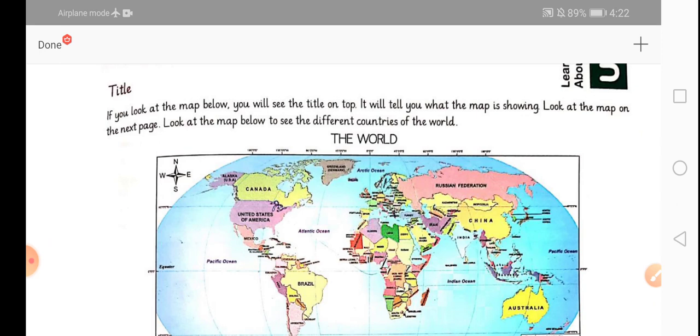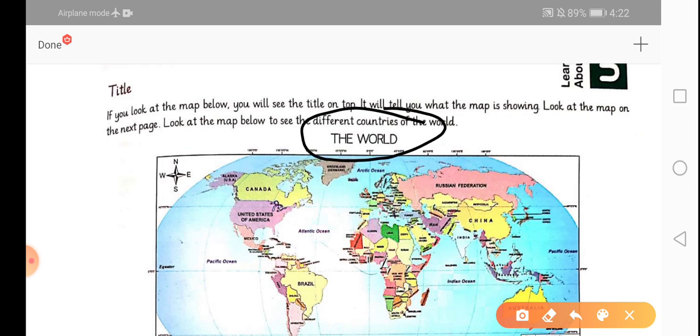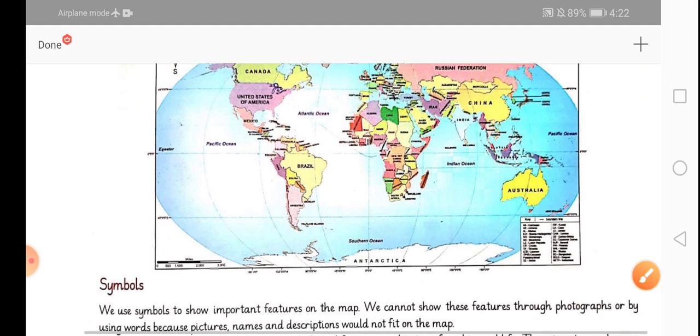For example, if you look at the map at this page, you will see the title is written here, The World. This title is suggesting that the map given below is telling us about the world. In this map, you can check all the continents, important oceans, and countries in the world.